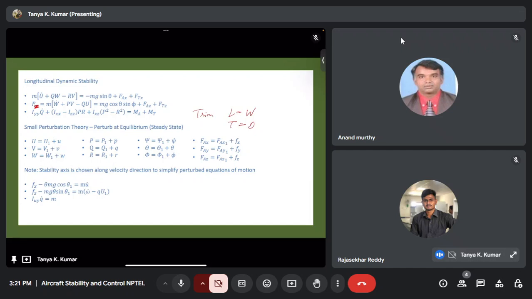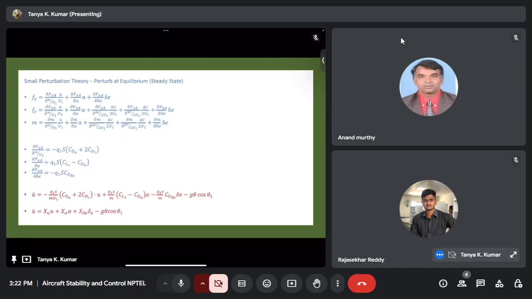So you take the stability axis along the velocity direction, because most of your terms are measured either parallel or perpendicular to your velocity axis. So you take your stability axis along that direction to greatly simplify your equation. And after all these assumptions and simplification, we get these three equations to be the longitudinal dynamic equations. Using these three, we can assess the longitudinal dynamic stability of an aircraft.